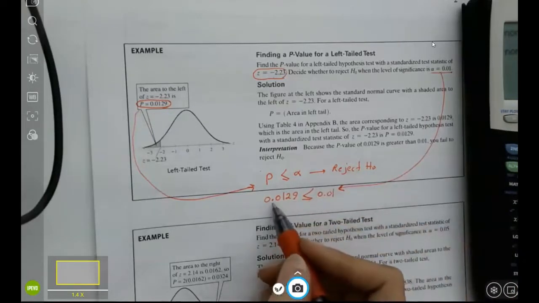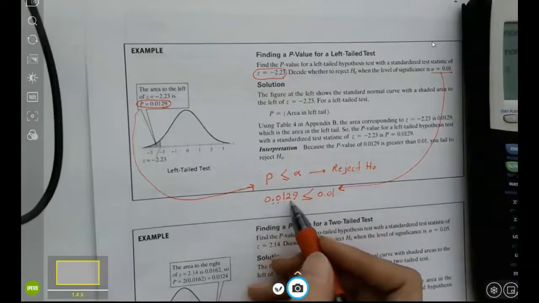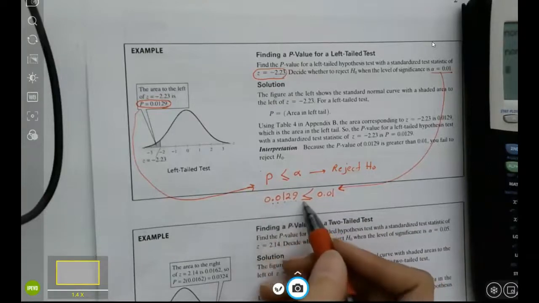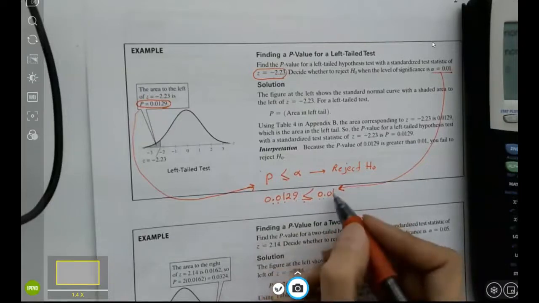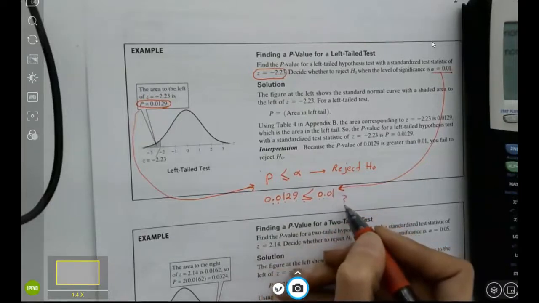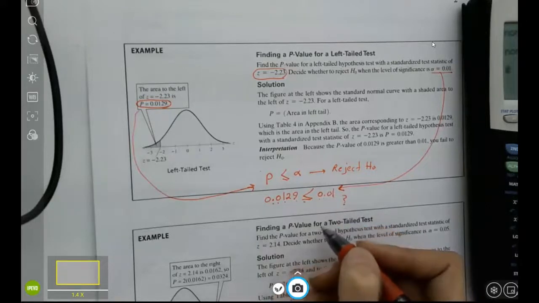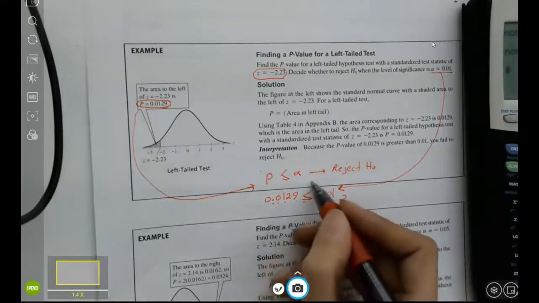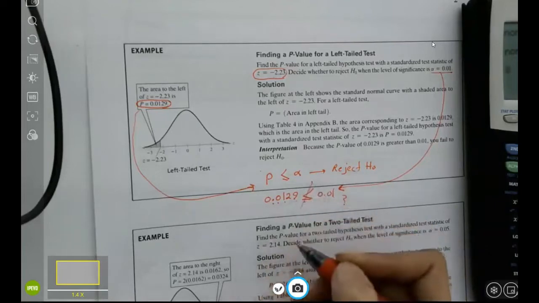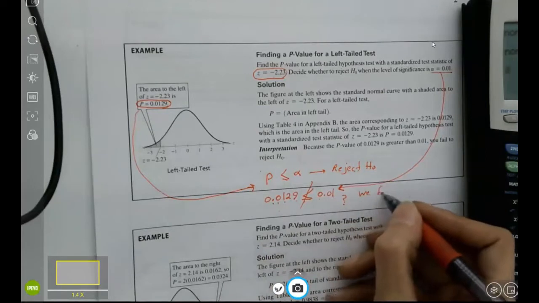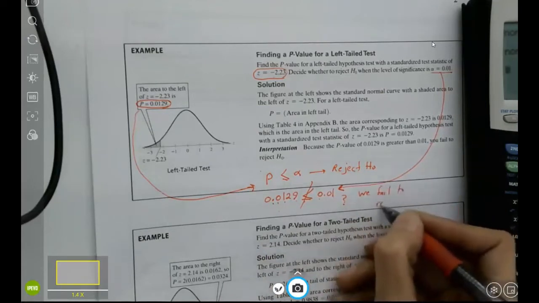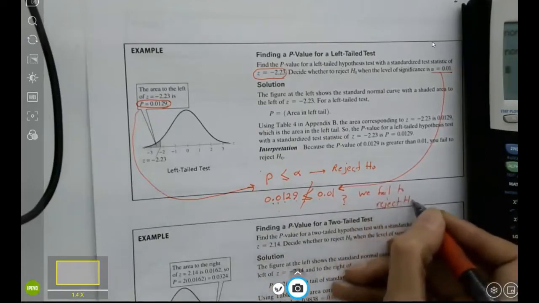So is 0.0129 less than 0.01? Of course not. This is greater than. So do we reject the null hypothesis? We fail to reject the null hypothesis.